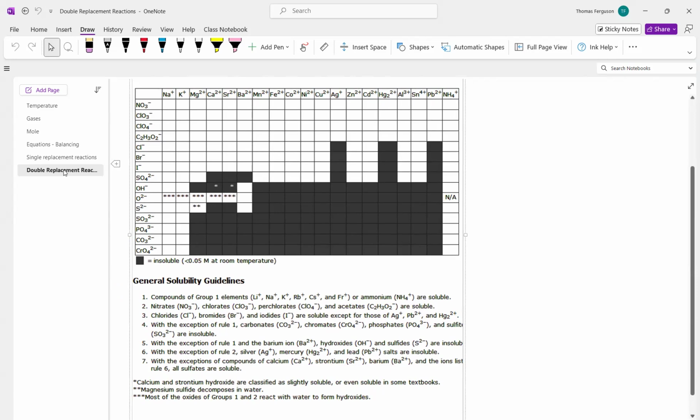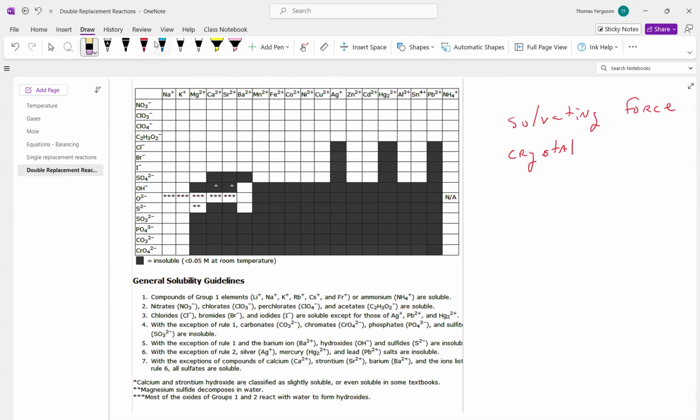there are two forces at work when something becomes a solid. There is the solvating force and the crystal lattice force. And those are competing forces.